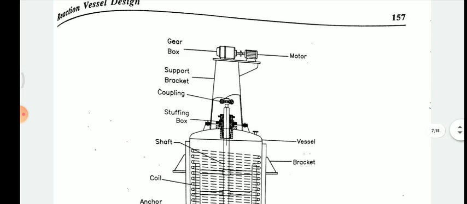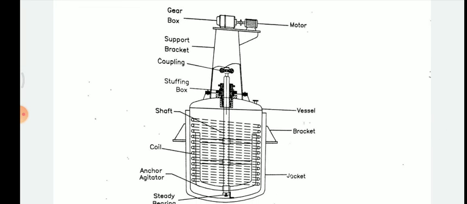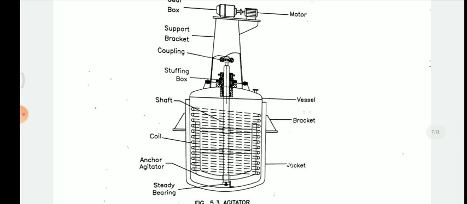Then there is a support bracket, which is connected to the electric motor, then the coupling, which is connected to the shaft. There is a stuffing box. On the left-hand side this one is a shaft, and the second thing is a coil.